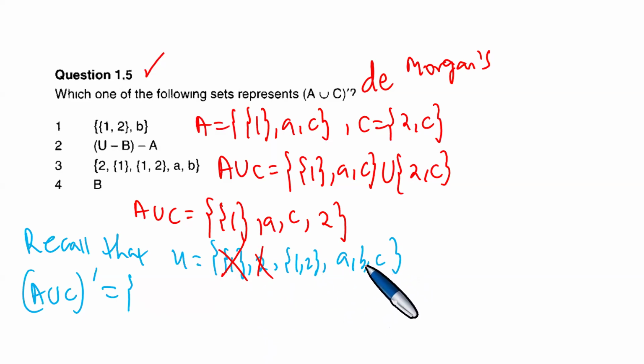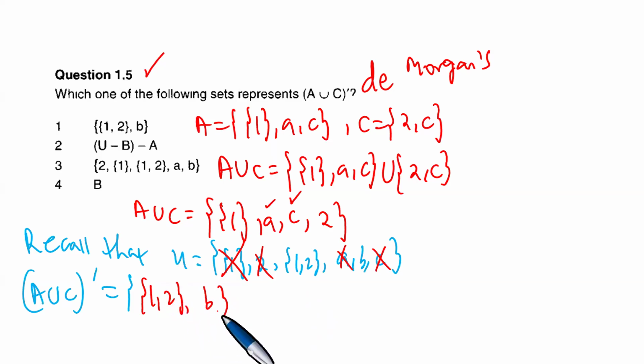We're going to cross out A as well, and C, of course. So we crossed out the 4 elements, 1, 2, A and C, and therefore this is the (A union C) complement. It contains only the element 1, 2, together with B as well.